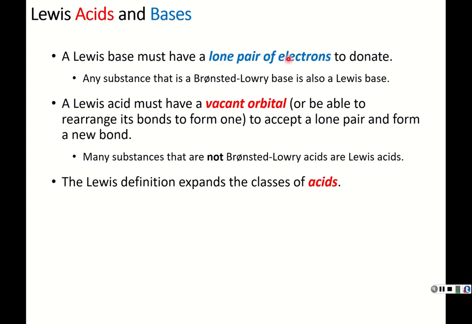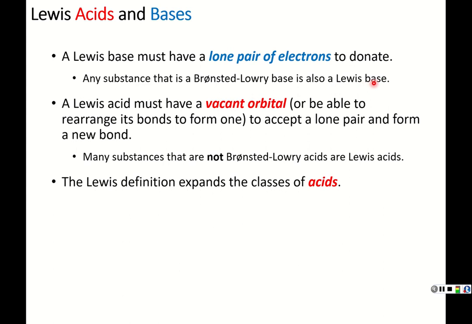So any substance that is a Bronsted-Lowry base is also a Lewis base, because Bronsted-Lowry bases accept a proton, but to do that they have a lone pair of electrons. If they have a lone pair, they can also donate those electrons to form a bond, so they're also Lewis bases.